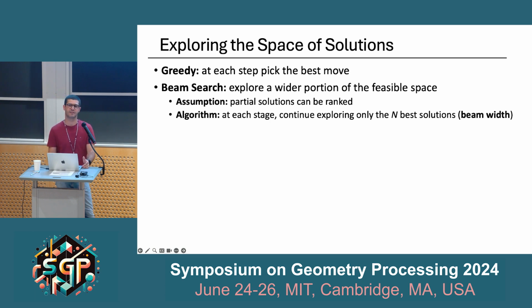Essentially what you do is not to consider always the best possible solution, but to consider the n best possible solutions, where n is a parameter of this algorithm and is what is called the beam width. So the idea is that essentially you're assuming that your partial solutions can be ranked, and so you rank them and you just propagate solutions considering the n best current solutions.